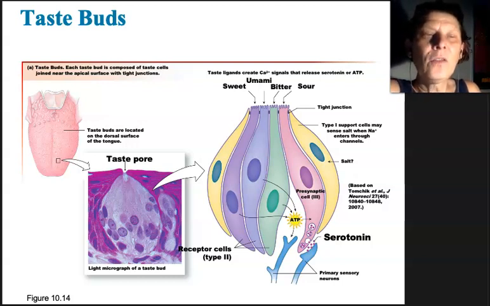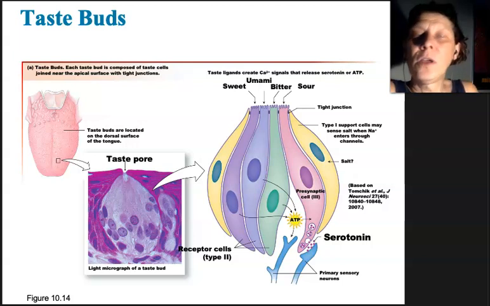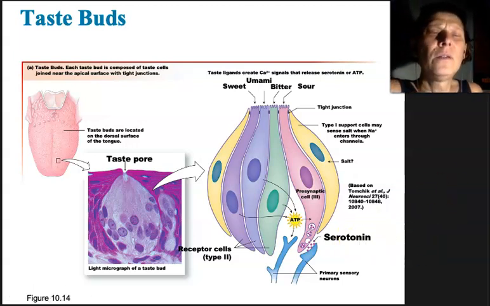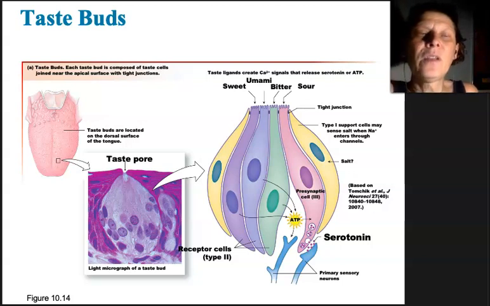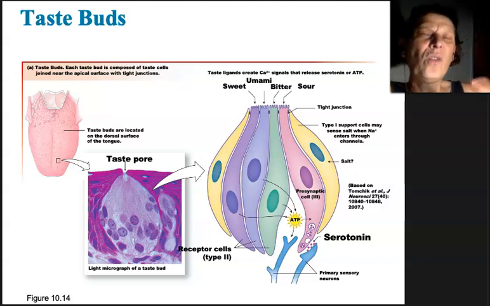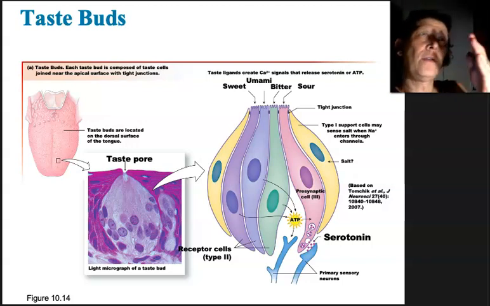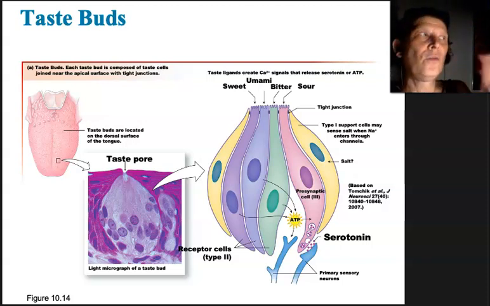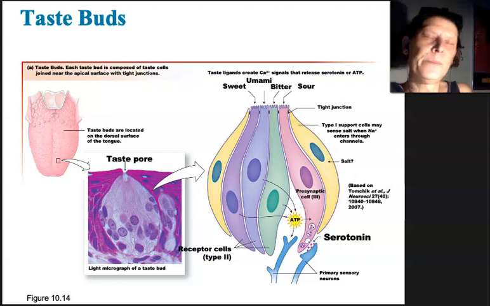And sour taste causes the release of neurotransmitters, like for instance serotonin. Type 3, presynaptic cells, salt taste is initiated. Some non-traditional taste sensation would be hunger and salt appetite that then cause the sensory information to go to the hypothalamus to initiate hunger and thirst and for you to respond to those.